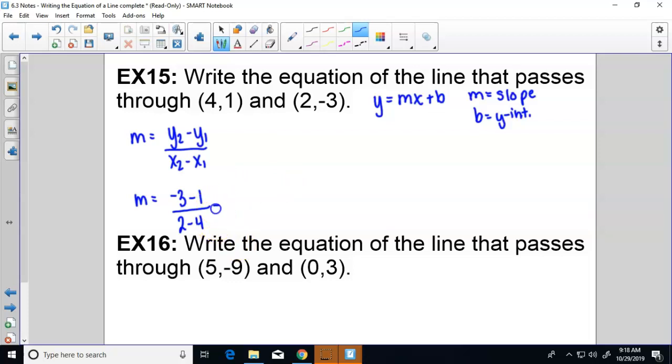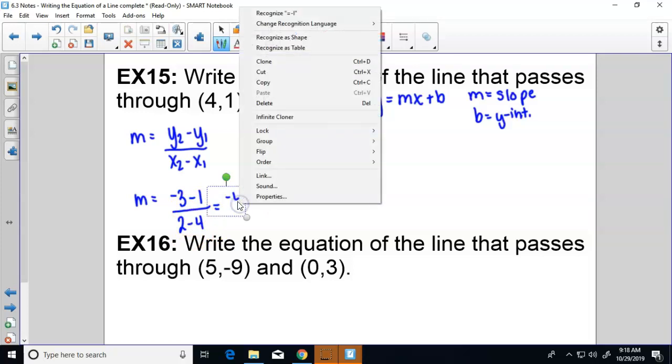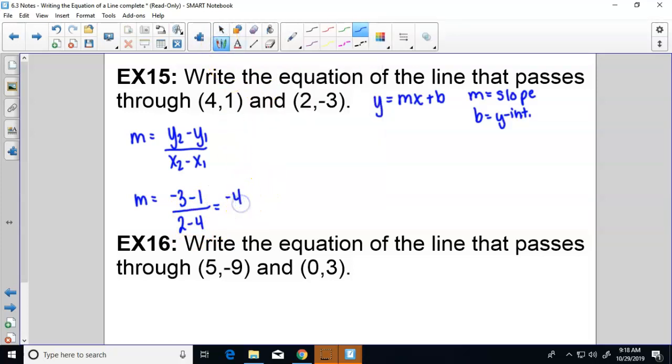So I get negative 4 over negative 2, and negative 4 divided by negative 2 is a positive 2. So here's my slope. So I know I got y = 2x + b. I'm halfway there.